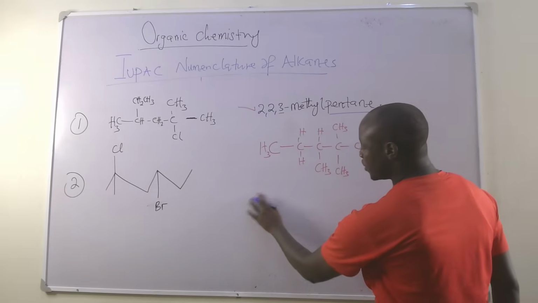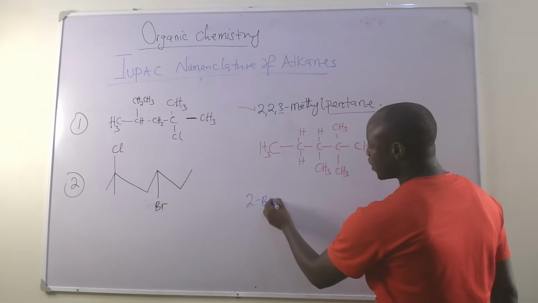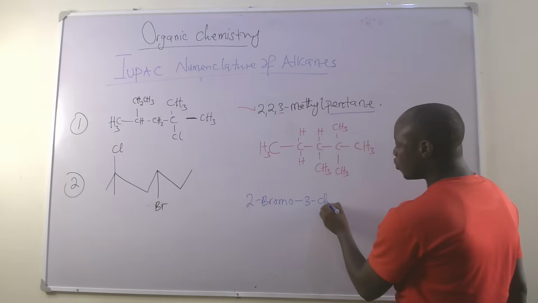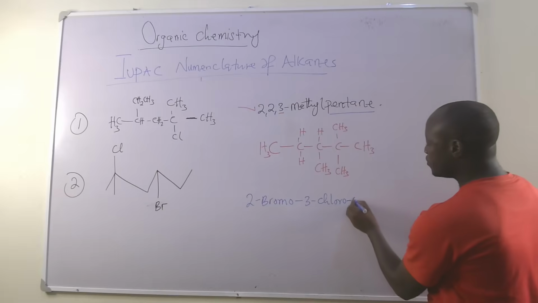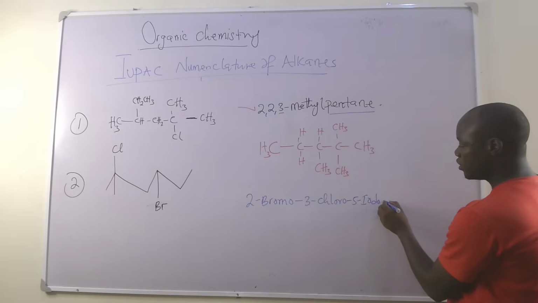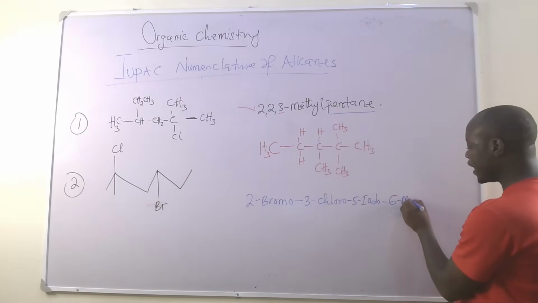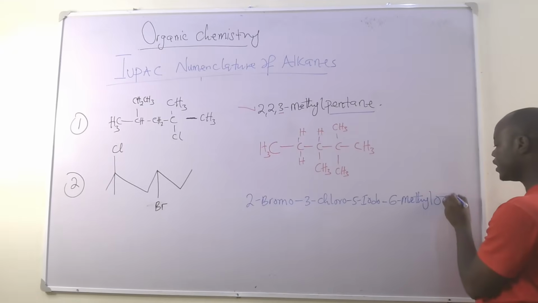So let me give also another example where we have, let's say, 2 bromo, 3 chloro, 5 iodo, then 6 methyl octane.